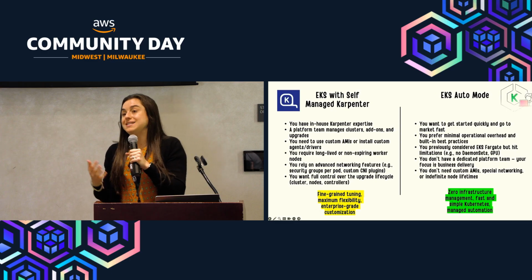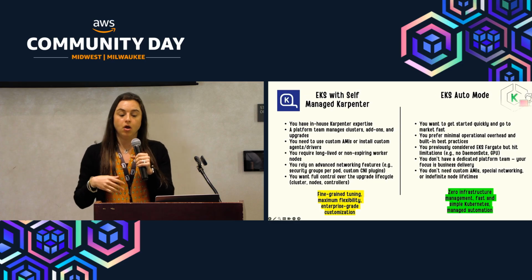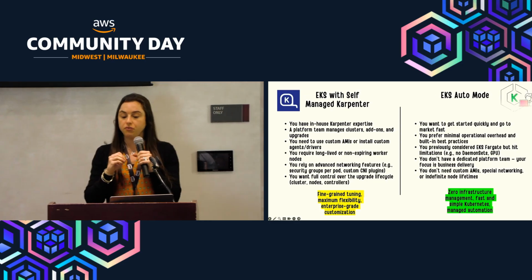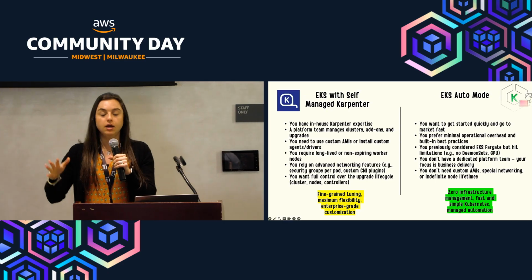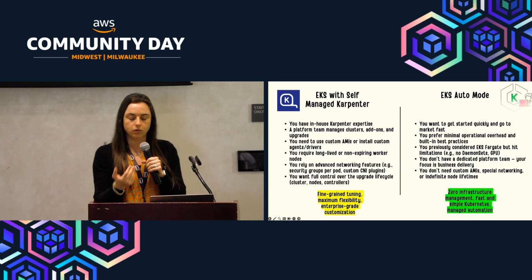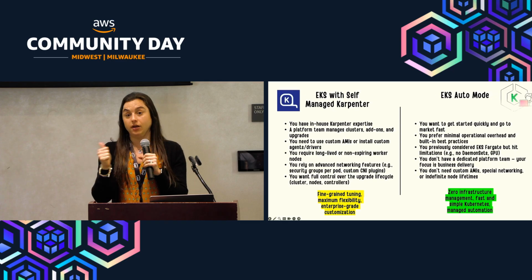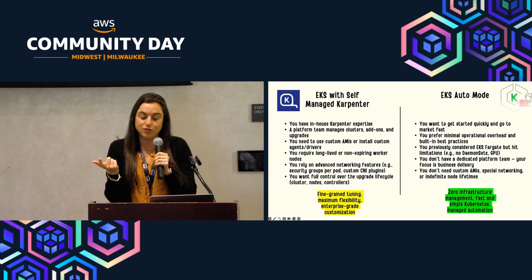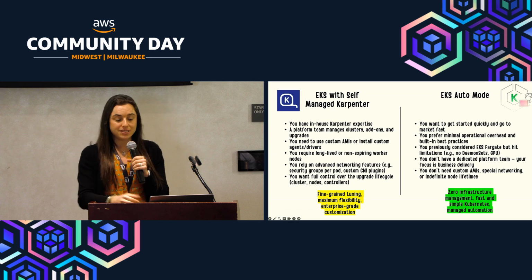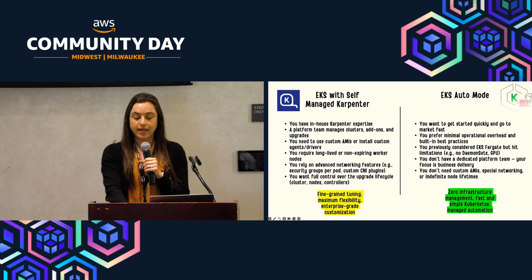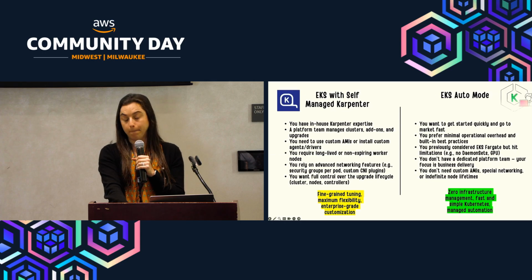But if you are a SaaS team, a small team, or you're just looking for the fastest way to production, then EKS Auto Mode will help you a lot. And it depends on your budget. I would say it's the first thing to think about: your risk appetite, governance needs, and operational maturity as well.